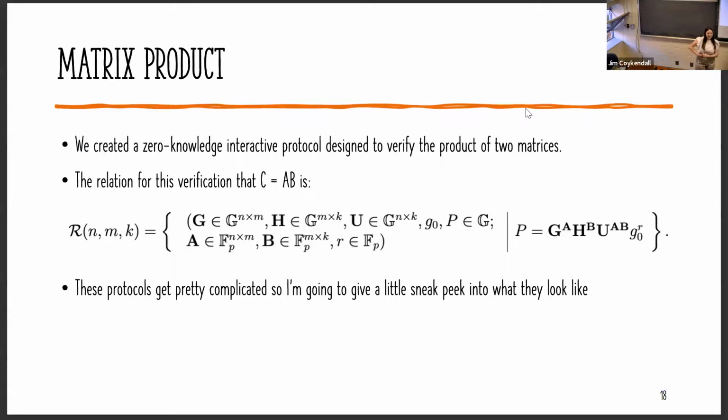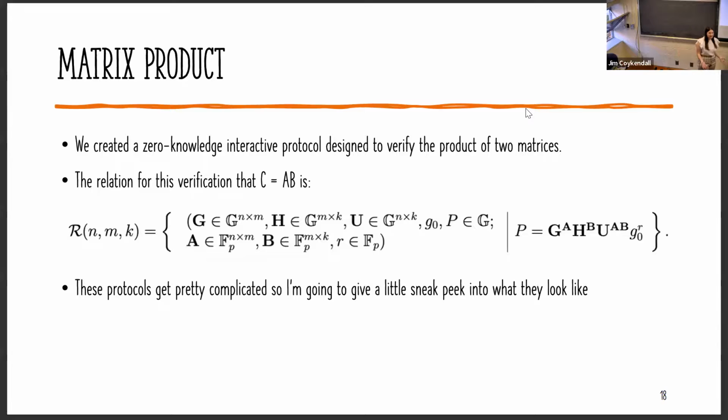So, like I said, I was going to come back to the relations. This is the relation for our algorithm that we created for this matrix product. So you can see in the top row, those are all of our public values. We have public values G, H, and U. Those are all matrices. And then in the private values, we have matrices A and B. So the predicate on the right-hand side is our commitment.